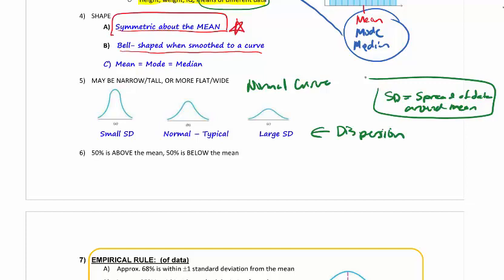So if the data is squeezed together, which is the first diagram, it's like pulling that mean, median, and mode taller, that means the spread is small. That's why you see a small standard deviation, because everything is closer together. The middle one is what we would call a normal, typical, nice distribution.